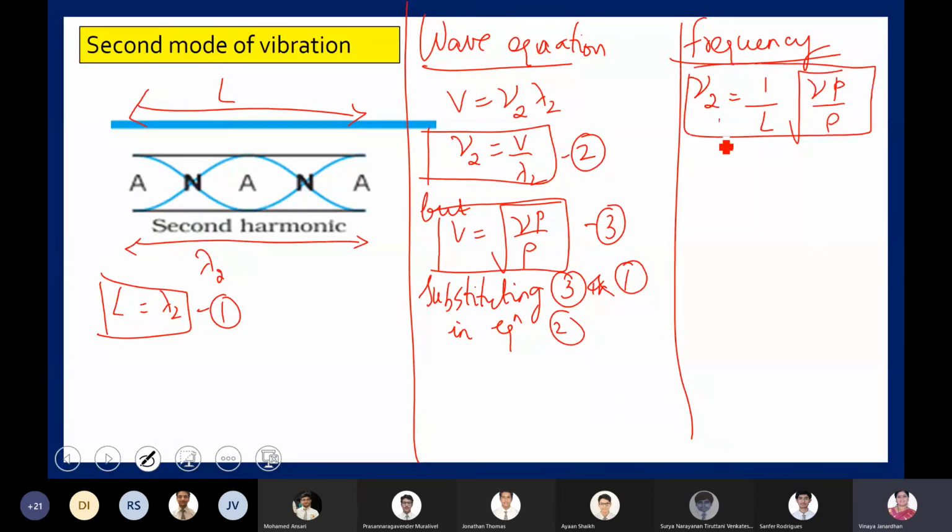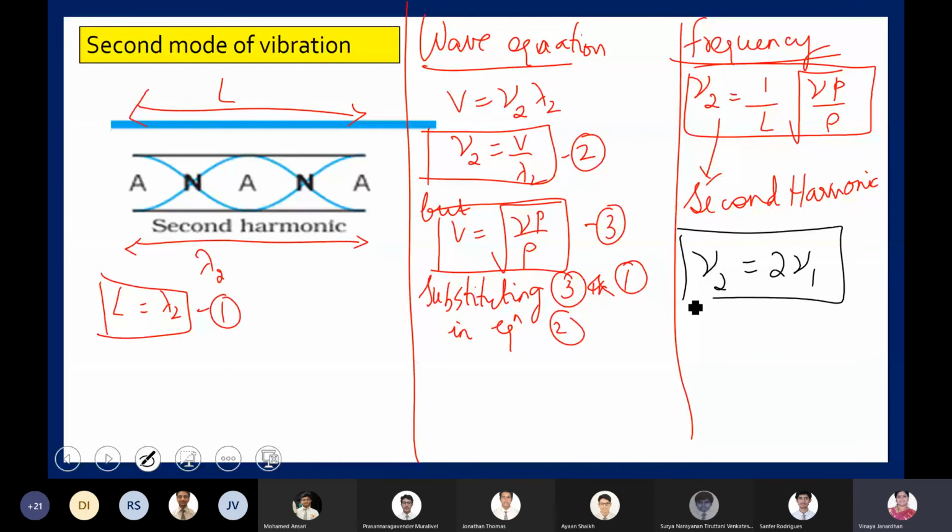This is called second harmonic. And then nu 2 is equal to 2 times nu 1. Just check whether you are getting this.